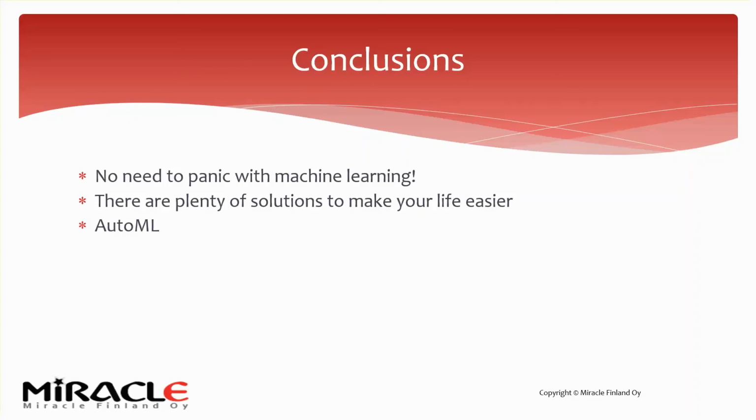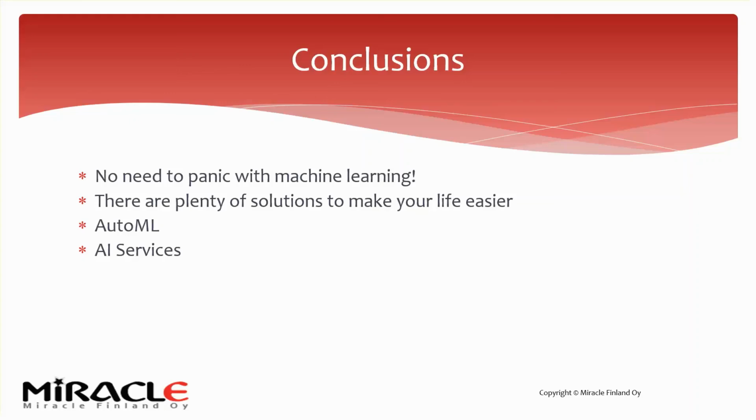So you still need to do something yourself, but many of the steps are automated and you don't have to worry about them. We also talked about AI services that are solutions for particular kind of problems. When the data is certain kind and you are trying to do something with the data, there are pre-trained models for those problems, and you use those pre-trained models with your own data to solve your problems.